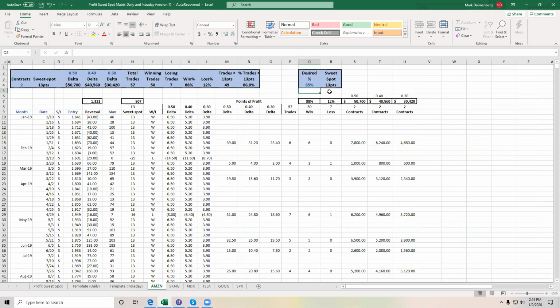And then I have to take a look at the delta. Now we've listed on this sweet spot spreadsheet the 50, 40, and 30 deltas. I actually had a 45 delta. So if you take 13 points of desired movement times a 45 delta, I'm looking for a $5.85 profit.